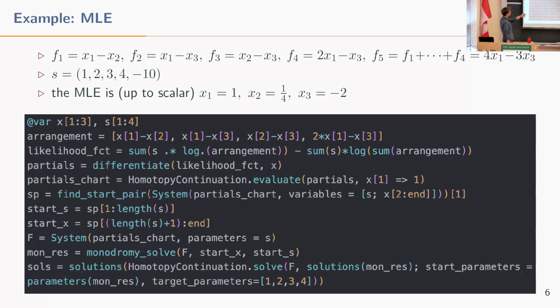So I do this, and then in the end, I obtain that this is my MLE, up to scalar, since we work projectively. What do I do basically here? Well, I guess the key step is I differentiate the likelihood function, and then I solve the system in the end.